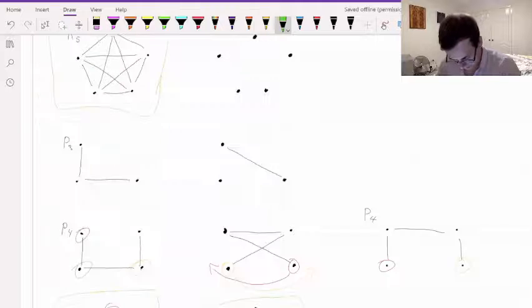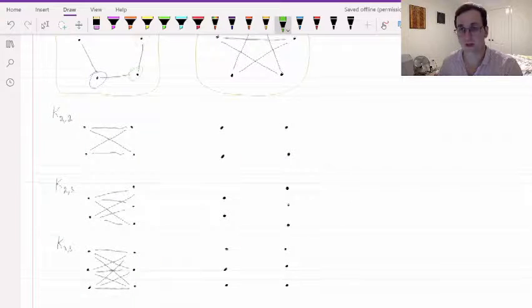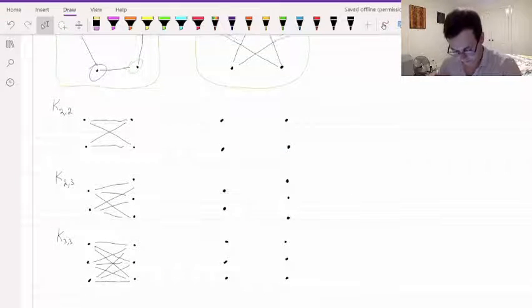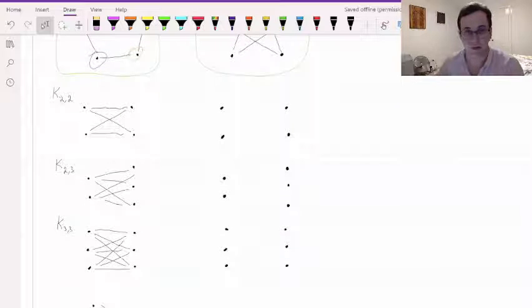Now, if I move on, the next one we're going to look at is our bipartite graphs. See if you can already predict what our complements for bipartite graphs will look like. Have a think. Remember, we're going to be drawing the connections which we do not have in our original graph.